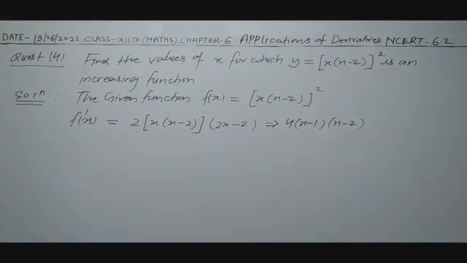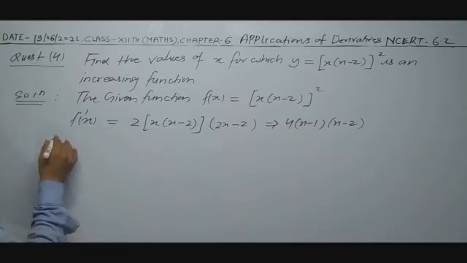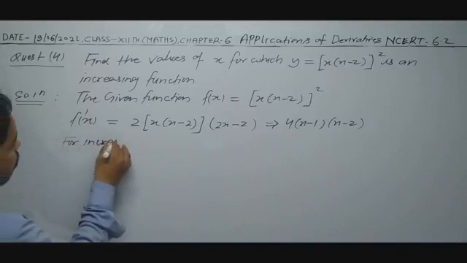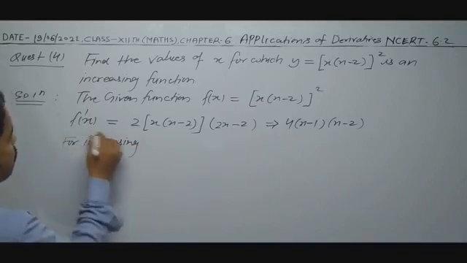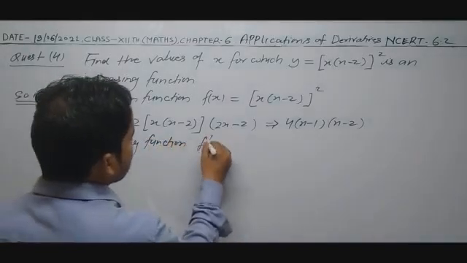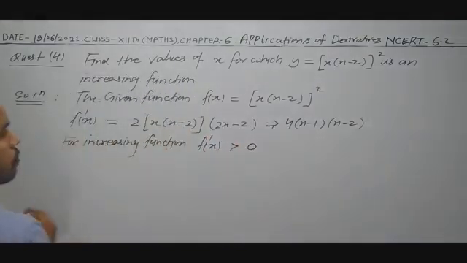We have to find the values of x for which the function is increasing. So what we have to do, first of all, for increasing function, f dash x will be greater than 0.